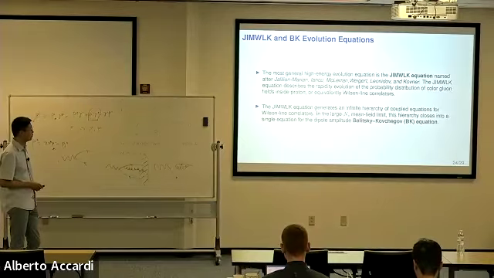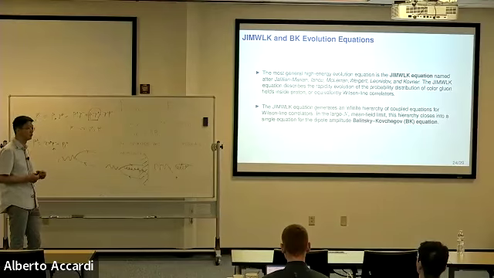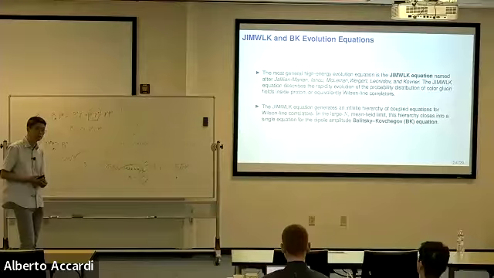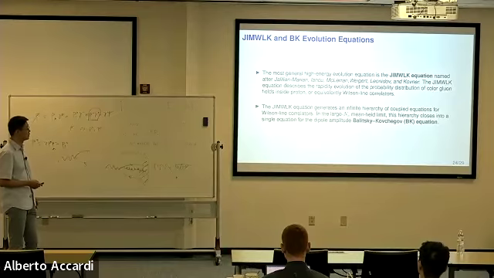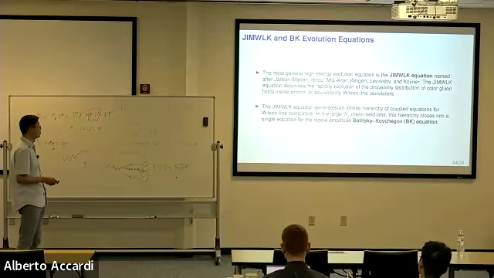It's not a closed form equation, but if you take the so-called large Nc limit, or the mean field limit, where you put the number of colors in QCD to be very large, the equation actually becomes closed form, which you can actually solve. This is the so-called Balitsky-Kovchegov equation.